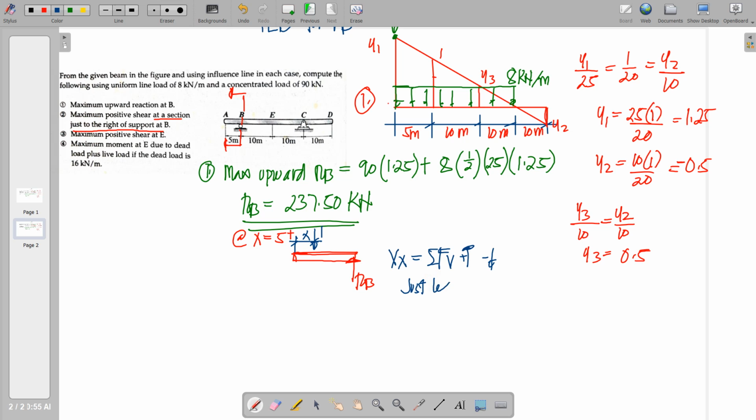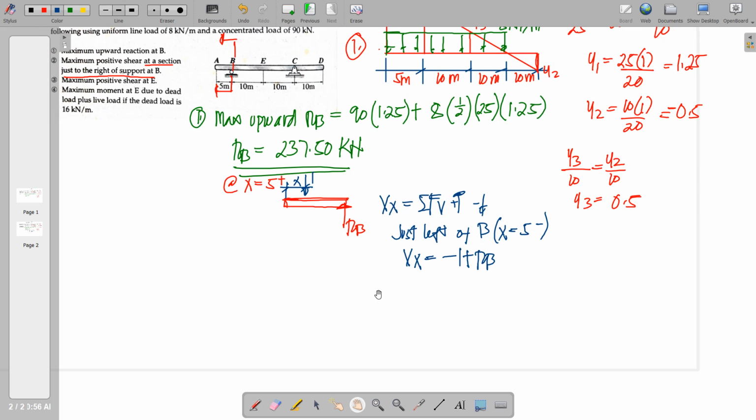Just left of B, or where x is within the left of B, that is less than or equal to 5, we can say that Vx is equal to negative 1, because that is downwards, plus RB going upwards.